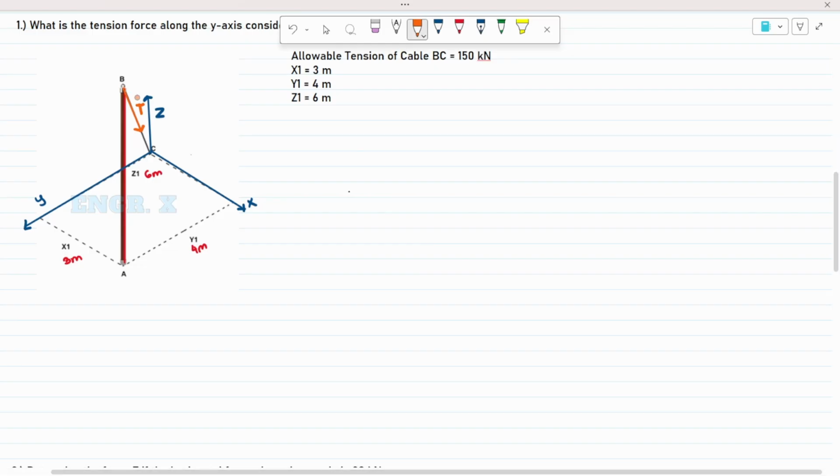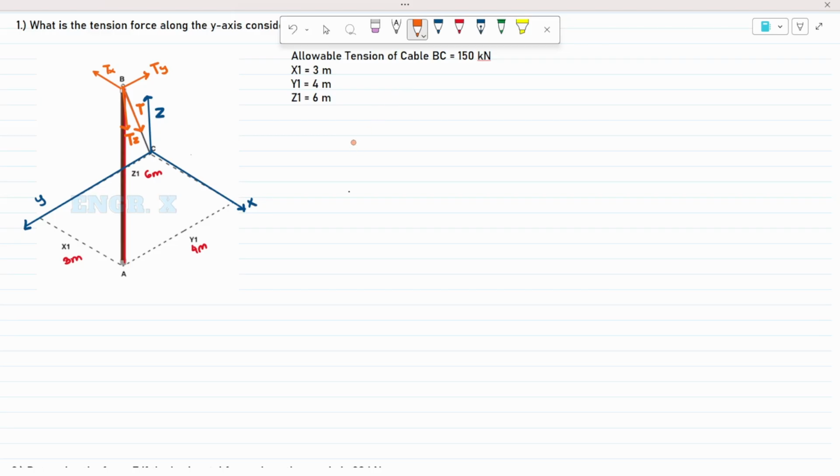Where is Tx going? Going over there. Here is Tx. Ty is this side. And Tz is going downwards. So these are the components of the tension in the cable.